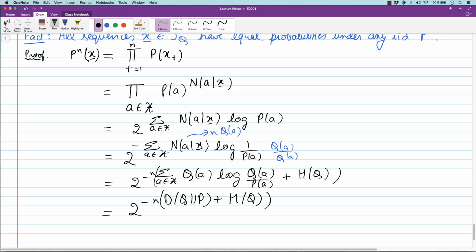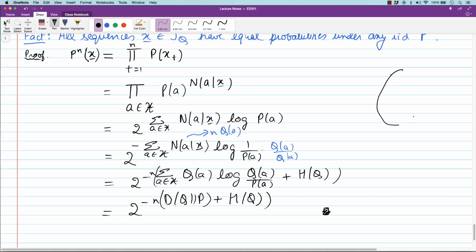So this is nothing but 2 to the power minus n times the divergence between Q and P plus the entropy of Q. So very nice. What it says is that for any sequence x of type Q, the probability under P is just 2 to the power minus n (D(Q||P) plus H(Q)). It's fixed as long as Q is fixed, as long as the type of the sequence is fixed. So if you look at the set of types and look at the sequences of a given type, these different sets are disjoint, and the union is all sequences. I'll draw this here.